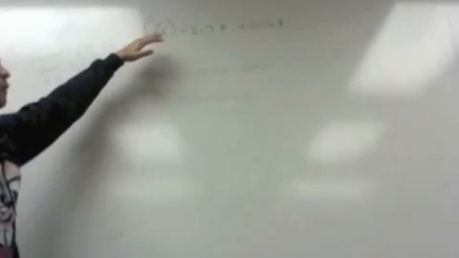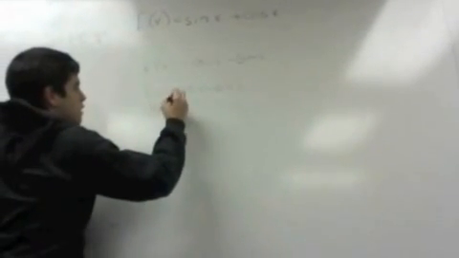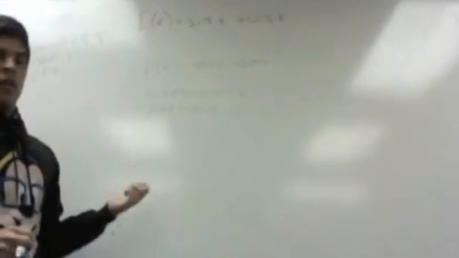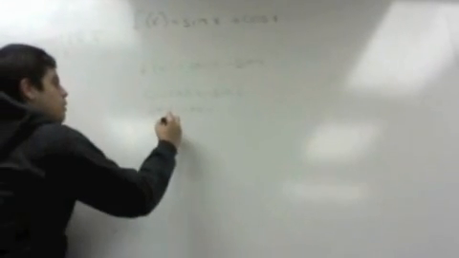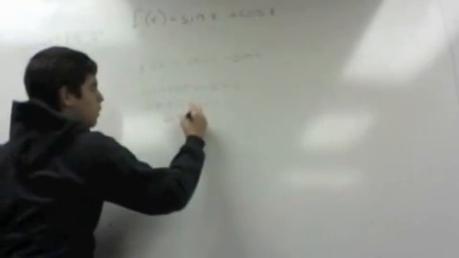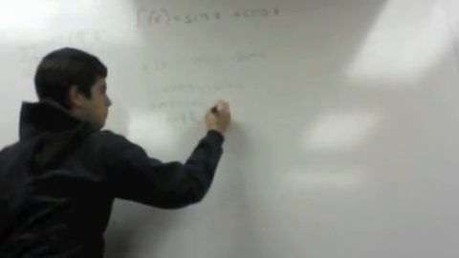We're going to do the same thing that we did when finding the solution of f of x. So sine of x is equal to cosine of x. Where in the unit circle are the two values the same? The two values are the same when x is equal to pi fourth and 5 pi fourth.